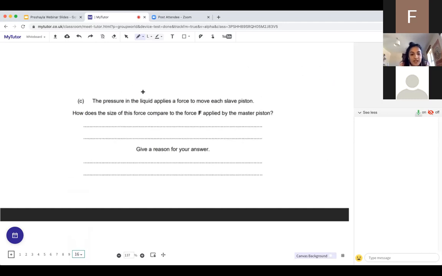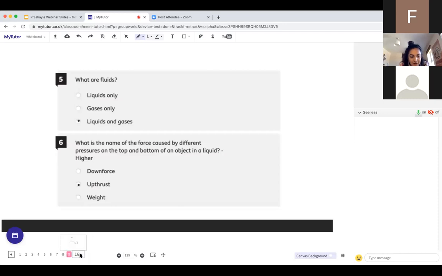So the pressure in the liquid applies a force to move the slave piston. How does the force compare to the force applied by the master piston? You might want to have a look back at the diagram.